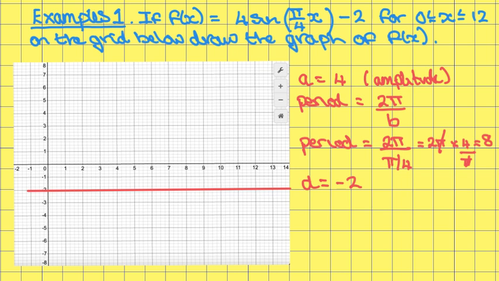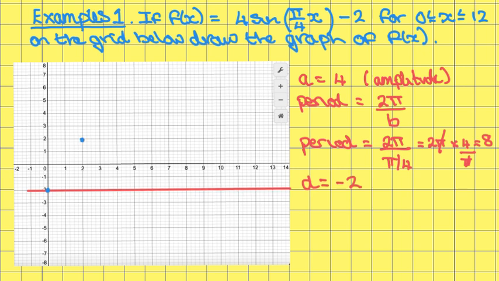So because there is no horizontal shift, it's going to start at 0, minus 2. It's got an amplitude of 4, so it's going to go up to a maximum at 2, at x equals 2.